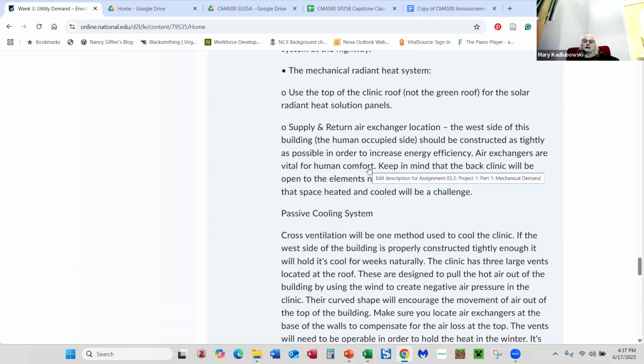For the mechanical radiant system, most systems that I've seen, you cannot have a run longer than 100 feet. And the radiant coils are like 3 feet apart.